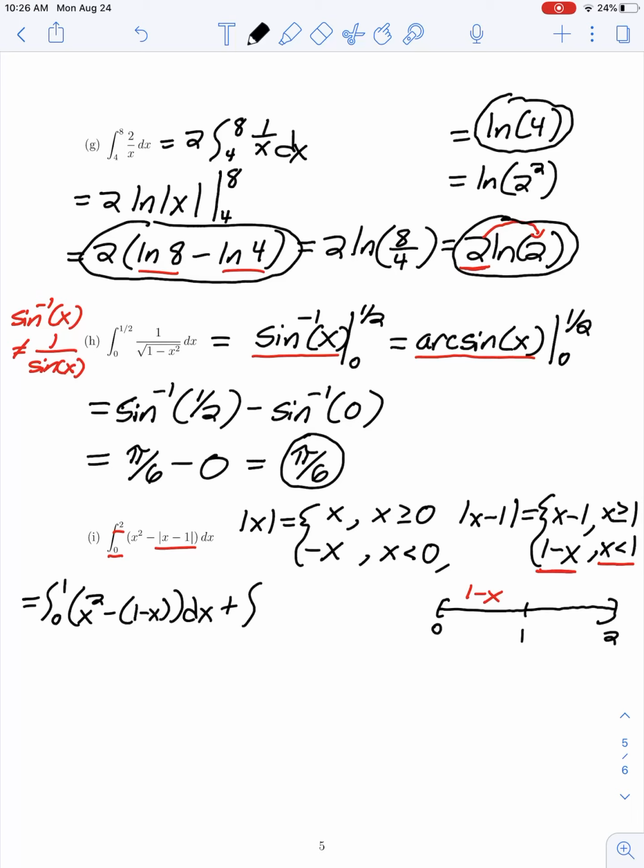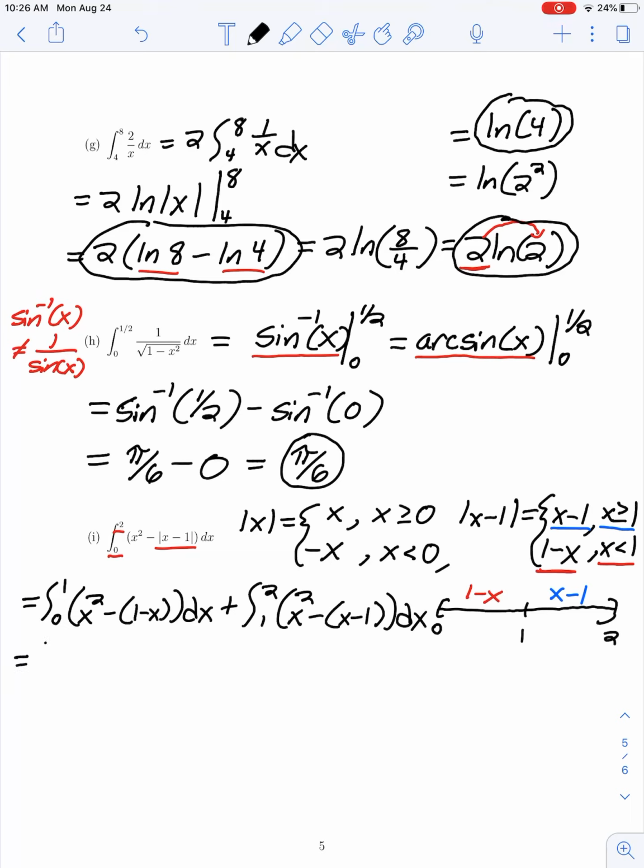And then we will add the integral from 1 to 2. We're going to take the rest of our interval. And our function is x squared minus, now on the interval where x is greater than or equal to 1, the absolute value is defined as x minus 1. So here we are subtracting x minus 1, integrating with respect to x.